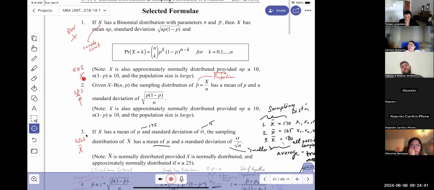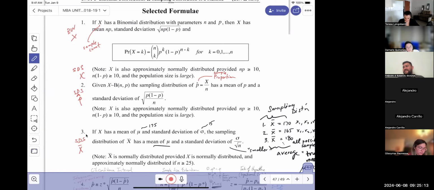So this is what I'm using. I'm using number 2. But I don't have p. So what do I do if I don't have p? This is really important, so you're not just making calculations and not knowing what you're doing, because you can confuse the p hat, the p star, and the p very easily.